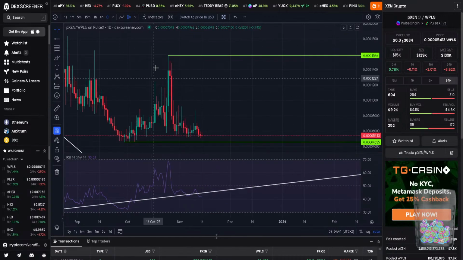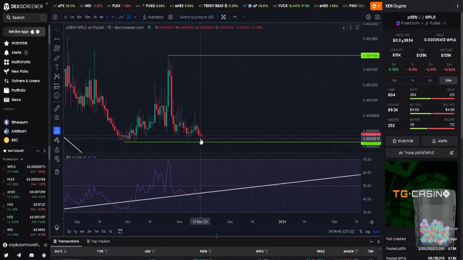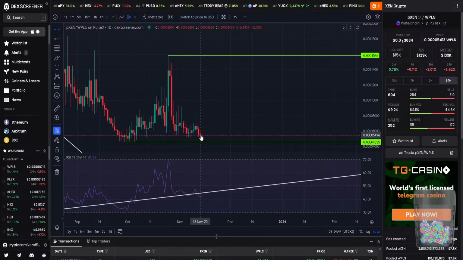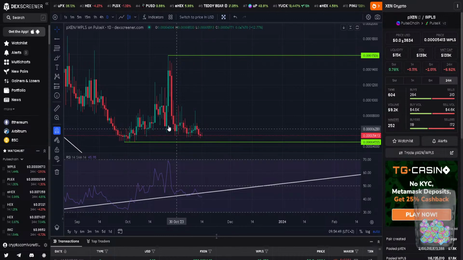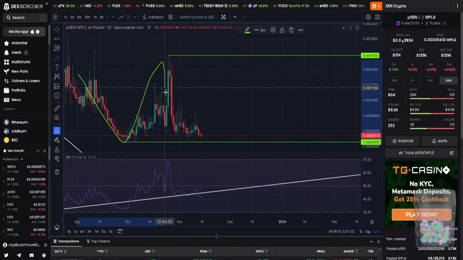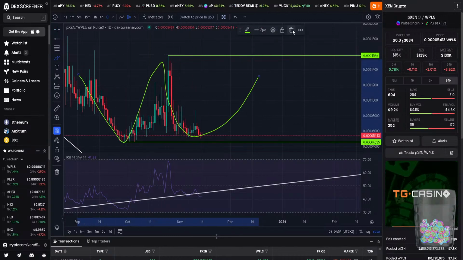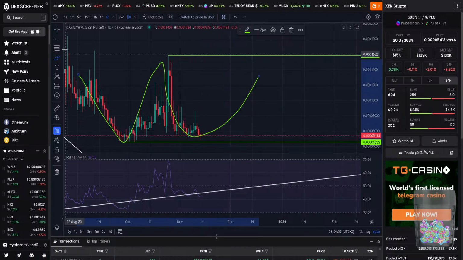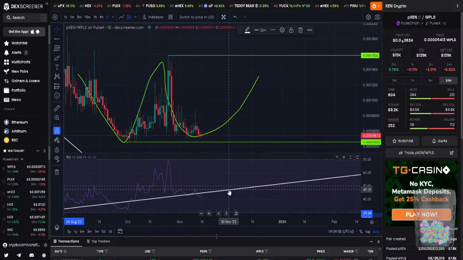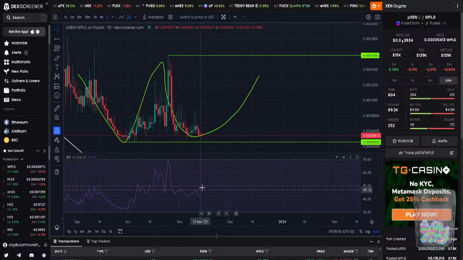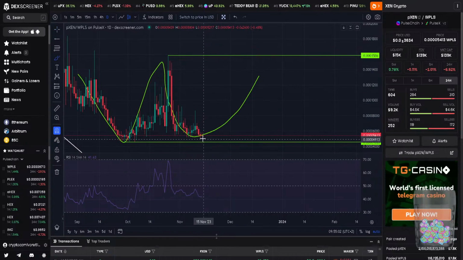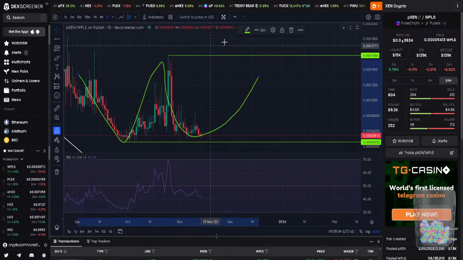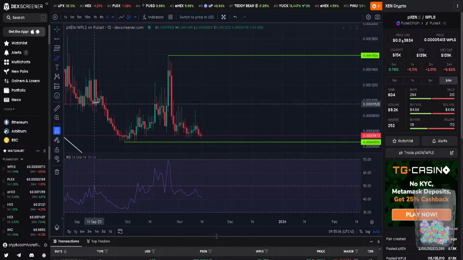I mean, this is the start of a W, right? You need this to hold here. It needs to hold. If it doesn't, the RSI is still high, so it looks like you might form some bullish divergences, which is enough to reverse the price.